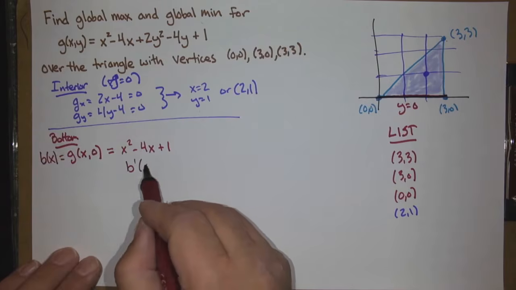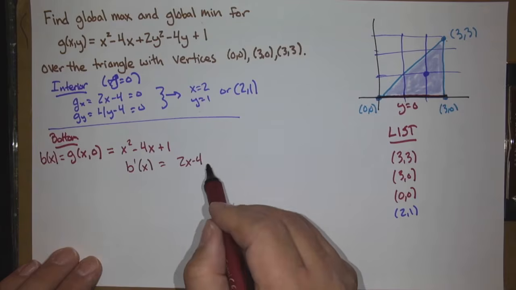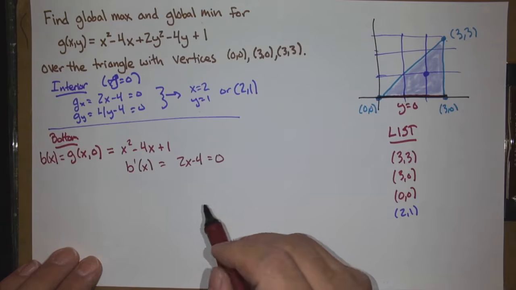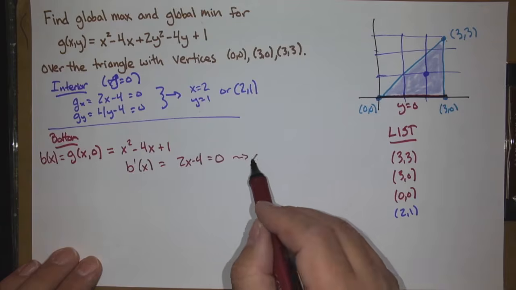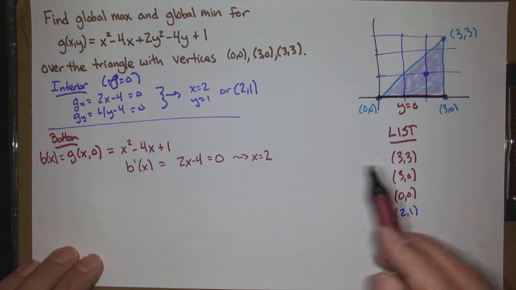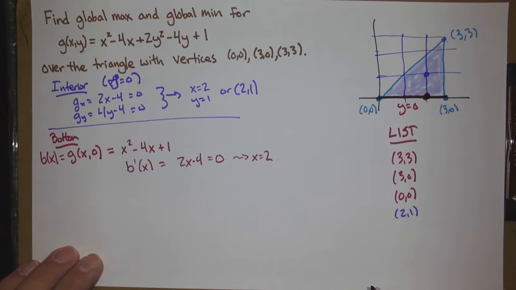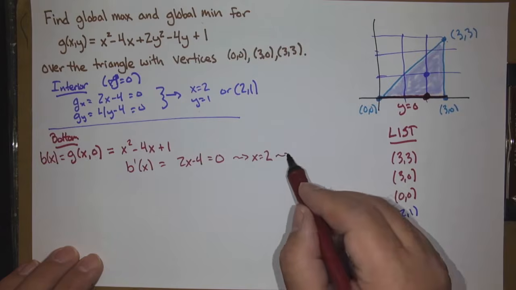So looking for critical points, take the derivative, 2x minus 4, set it equal to 0, and we get x equals 2. Now we have to interpret that. That's x equals 2 along the bottom, which would be that point there. Does that make our list? Yes.